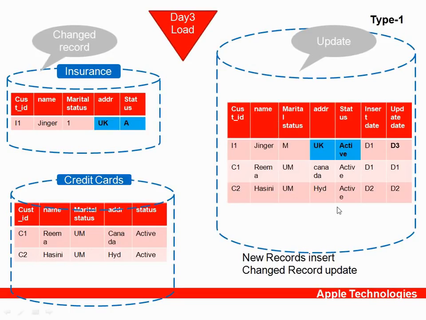If I go and see either this table or this table, and somebody asks, please tell me what the previous address of this customer was before UK, nobody can tell from either table. So in case you do not want historical tracking, only then do we go for Type 1.